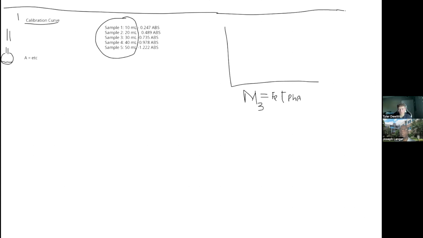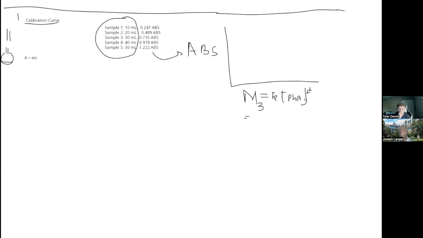We call this M3, and we need to find this M3. Since you know the absorbance values go on the y-axis, those are the absorbance values you see here. But the challenge is how to get M3.